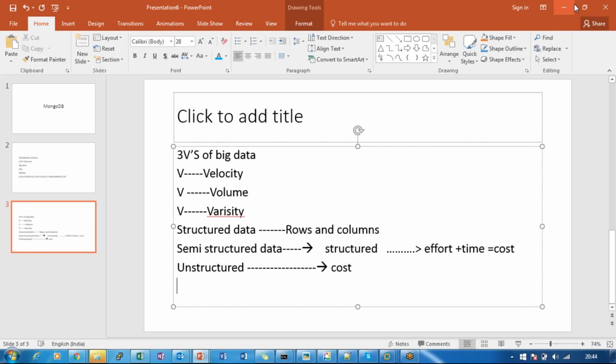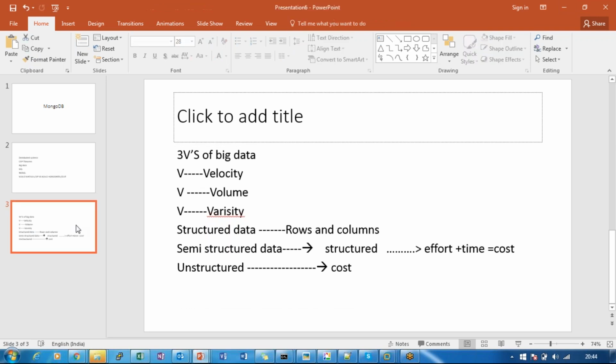There was the challenge with semi-structured and unstructured data to be stored, and the data should be retrieved from them very fast. That was the issue we were facing till now. That is why NoSQL databases and distributed file systems like Hadoop came into place. Now leave this here. Now I'll come to the next part. I will answer your questions.